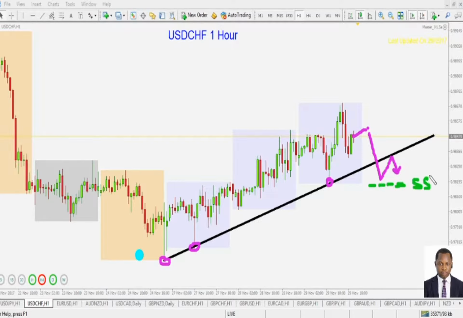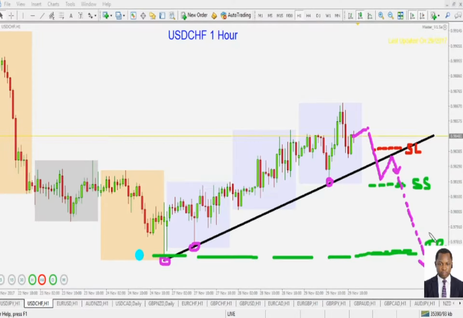We are going to place our stop loss somewhere around there. Hopefully price is going to trigger that trade and push all the way to the downside. Right here, a few pips before hitting the previous swing low, that would be our first profit target.